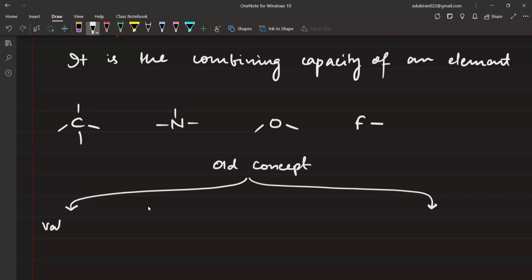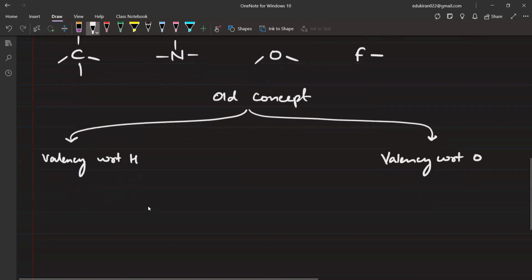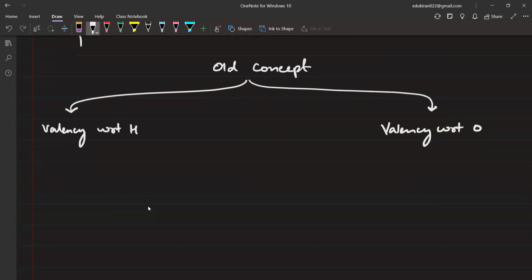Okay, so what is valency? First is valency with respect to hydrogen, and the other one is valency with respect to oxygen. Okay, so for example, if you have sodium hydride, that means sodium can attach only with 1 hydrogen. That means valency of sodium will be equal to 1.